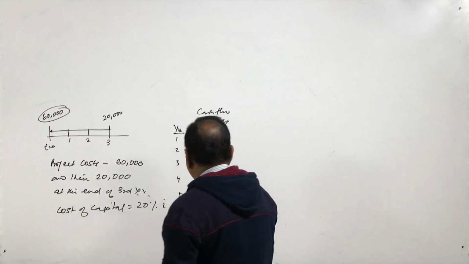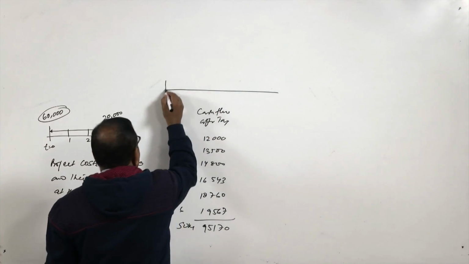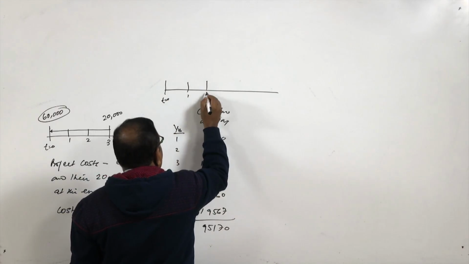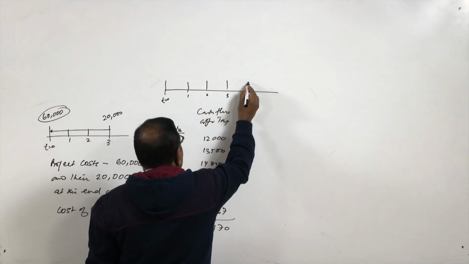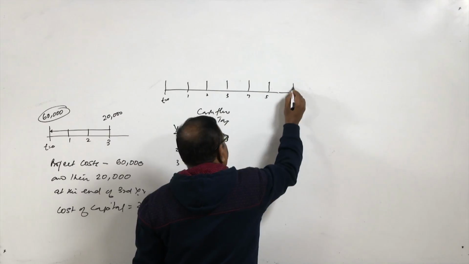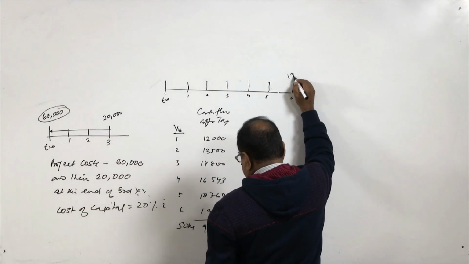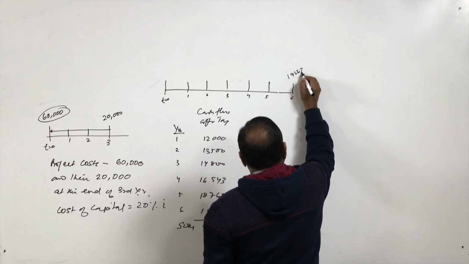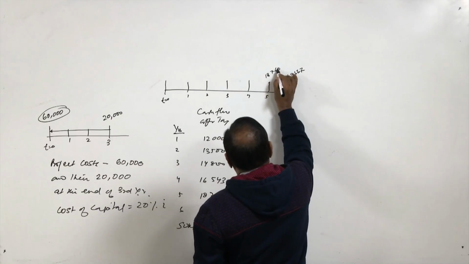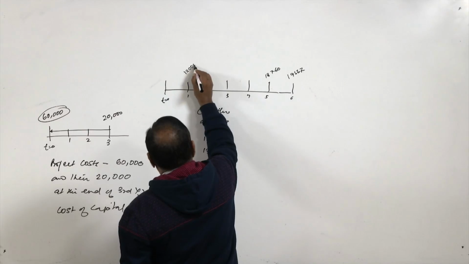So, if I see here, this is t equal to 0, this is 1, 2, 3, 4, 5, 6. So, this receipt is 19,567, this is 18,760 like this, and the first year this is 12,000.